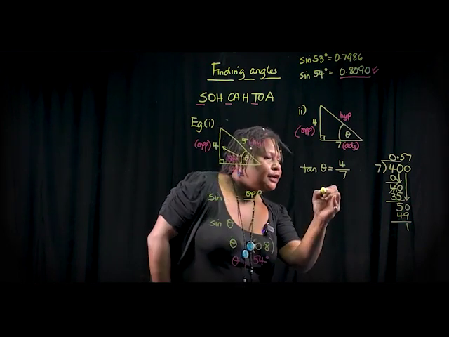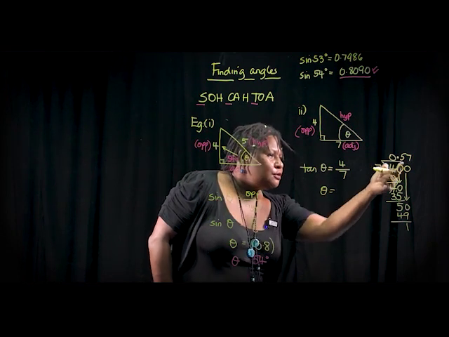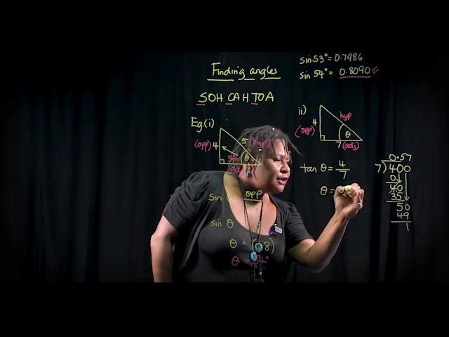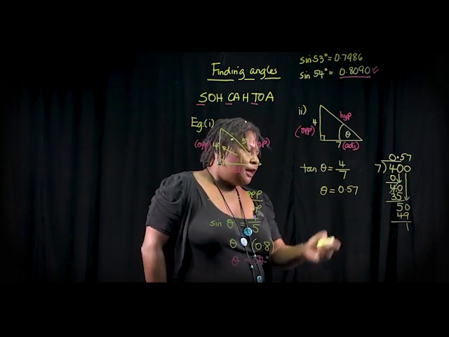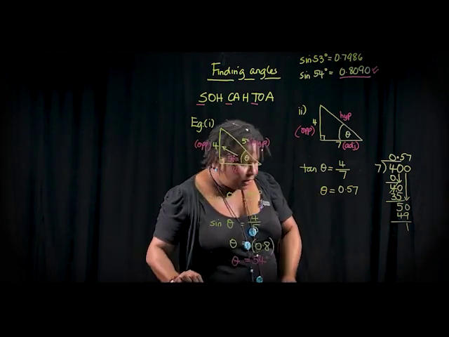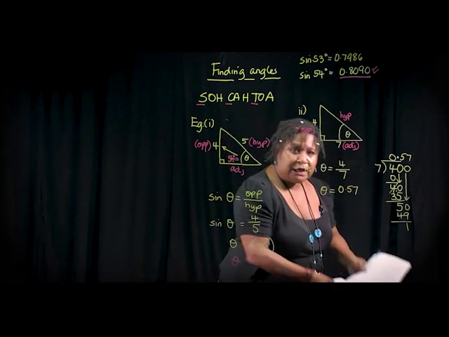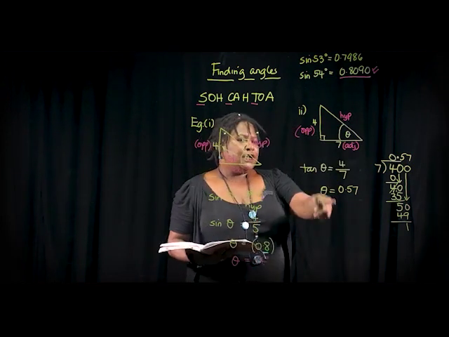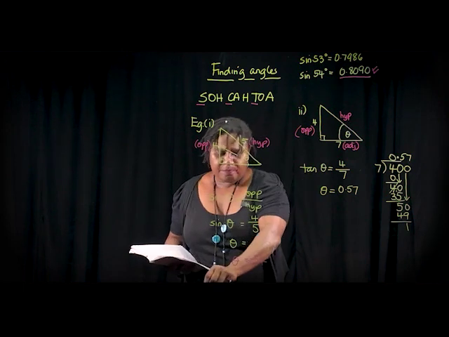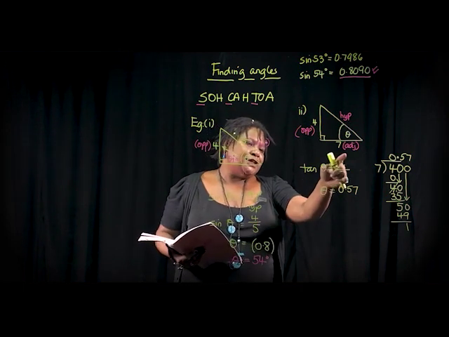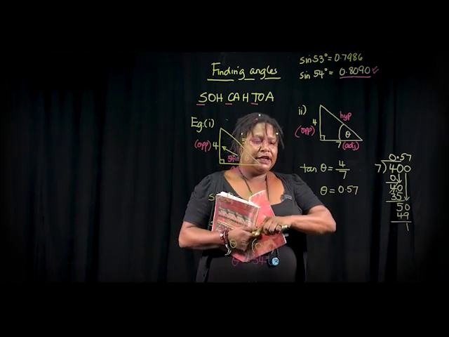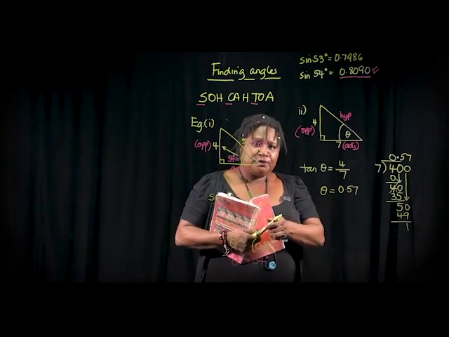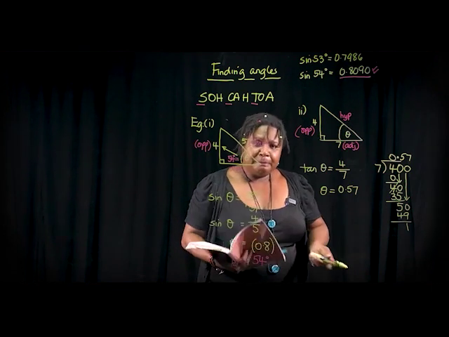So tan theta is equal to 0.57. Okay? And here at this point, we are going to consult our tables. Okay? Go to the tangent column and find the tangent value closest to 0.57. That will give us the correct angle to use.